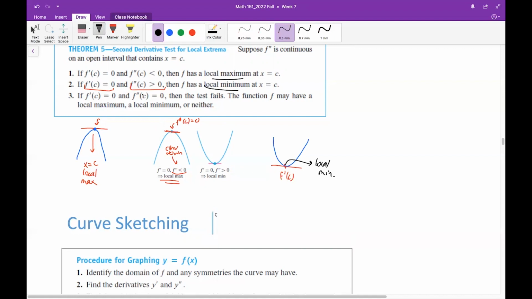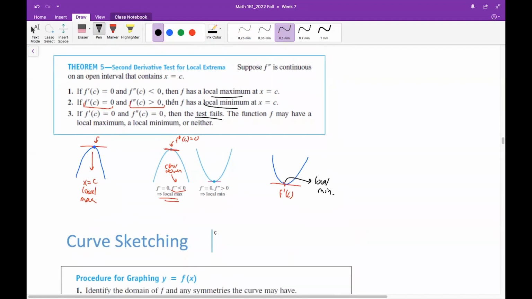And if both of them are 0, then this kind of test fails. This is another way of detecting whether you have a local max or a local min at a point, and this is called the second derivative test. So this is our local minimum point. The first derivative is 0, obviously, and since it is concave up, the second derivative will be positive. So I stop here.